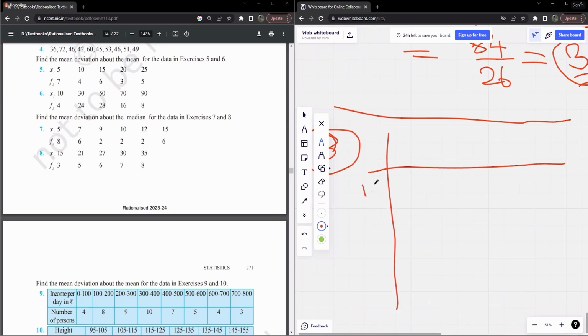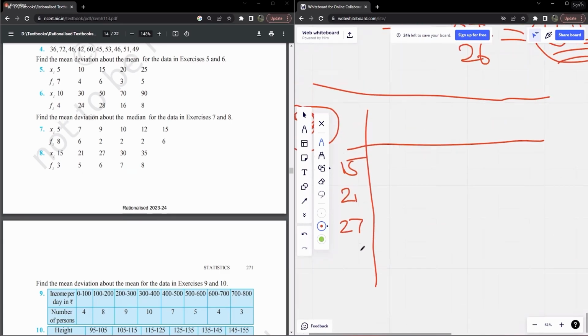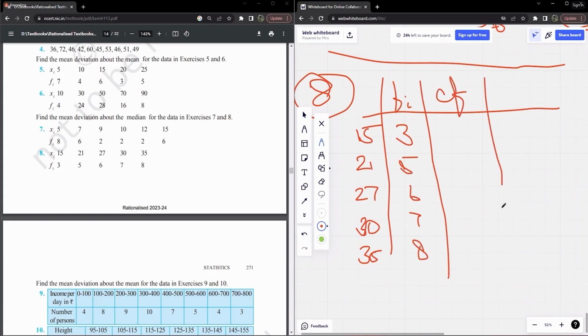This is your exercise column, that is going to be 15, then 21, then 27, then 30, and then 35. Corresponding frequencies are 3, 5, 6, 7, and 8. The cumulative frequencies then are 3, 8, 14, 21, and 29.